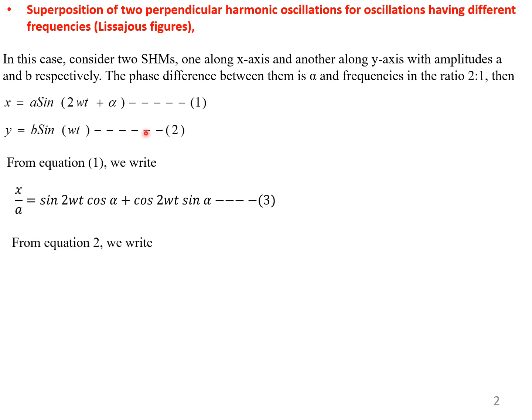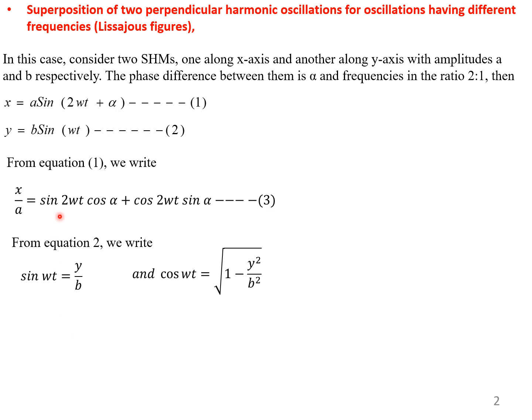From equation 2 we write sin ωt = y/b, and by using sin²ωt + cos²ωt = 1, we get cos ωt = square root of (1 - y²/b²).